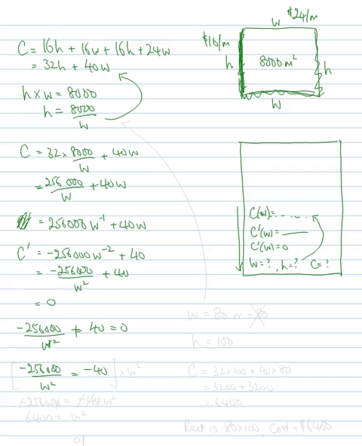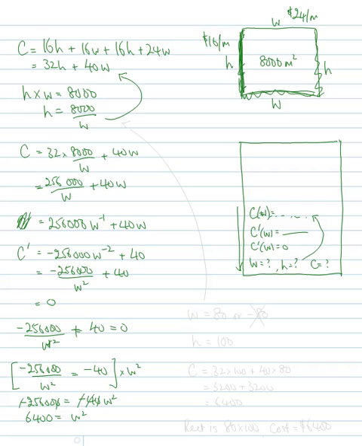Then multiply both sides by W squared to get rid of the fraction. Minus 256,000 equals minus 40W squared. Okay, the negatives cancel. That 0 cancels with that 0. 4 goes into 256 64 times. So we end up with 6400 equals W squared.